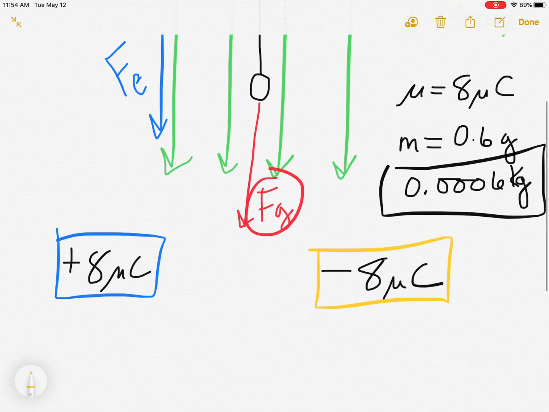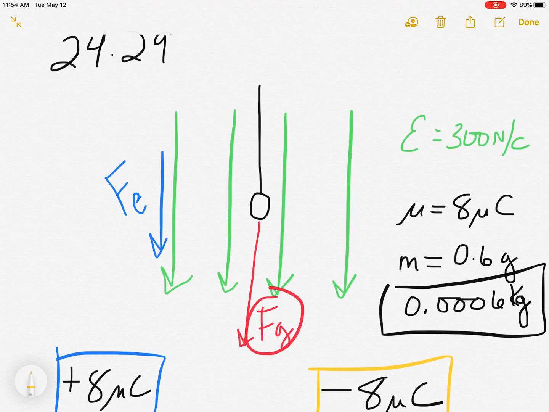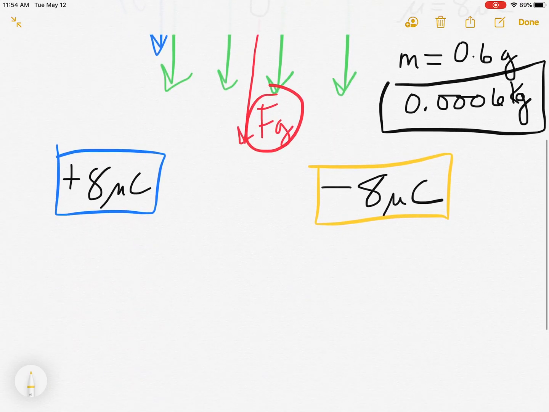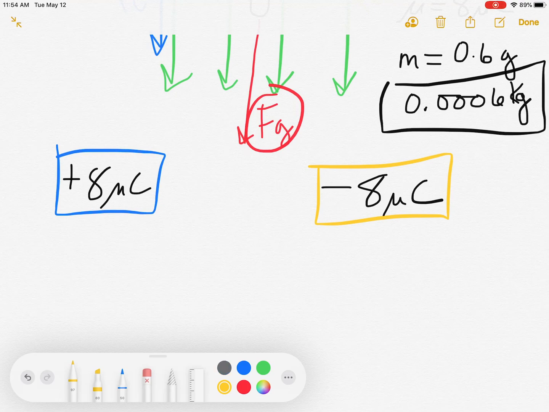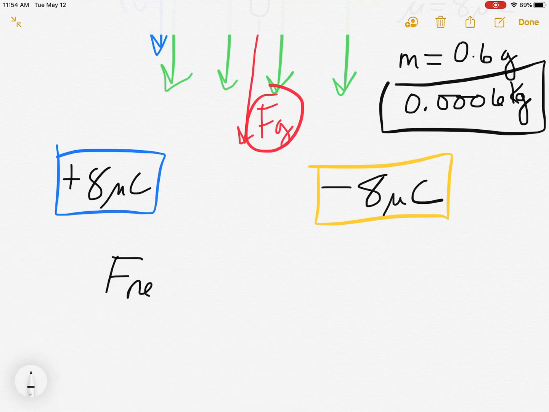So that means that the electric force for the plus 8 is a downward force following the field. But if you change it to a negative charge, I'll just put this one in yellow, then a negative charge would be opposite and the electric force would go up. So the only real change is that in one case the electric force is down and in the other case the electric force is up.